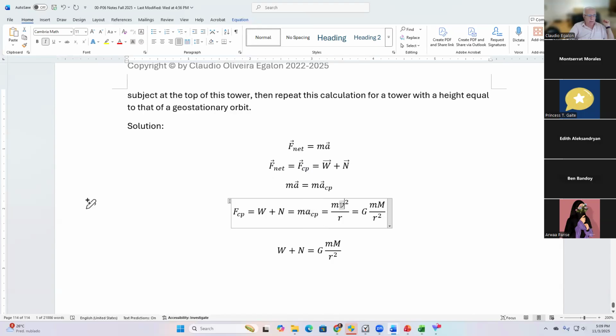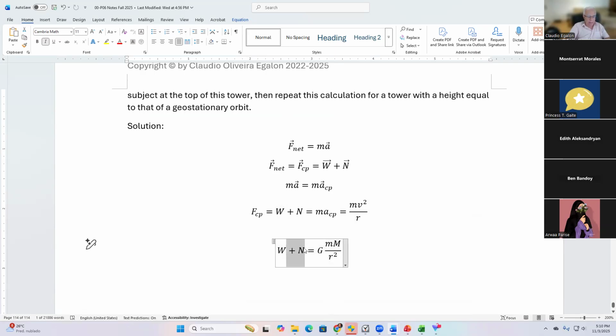But now don't forget, this velocity is no longer an orbital velocity. Okay, here you go. And because it's no longer orbital velocity, we cannot say that the centripetal force is going to be equal to the force of gravity. What's going to be equal to the force of gravity is this term here. That's the term that's going to be equal to it.